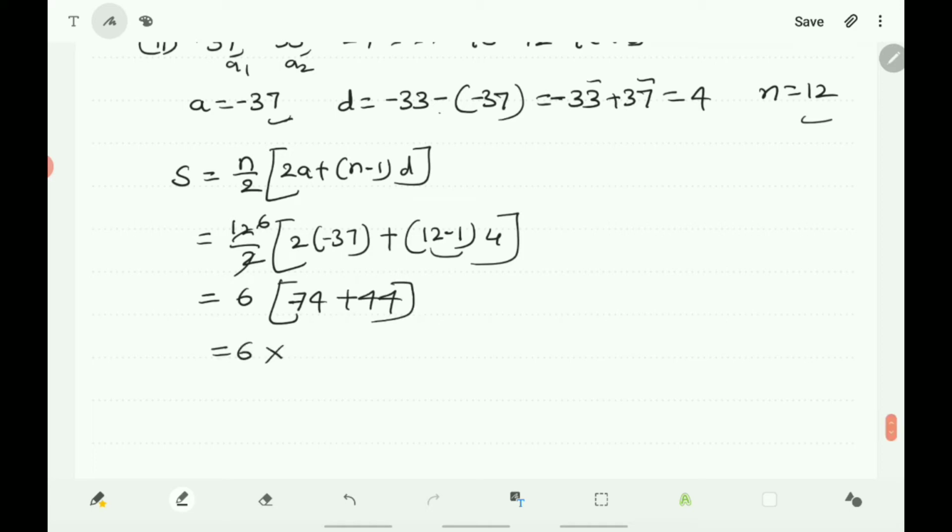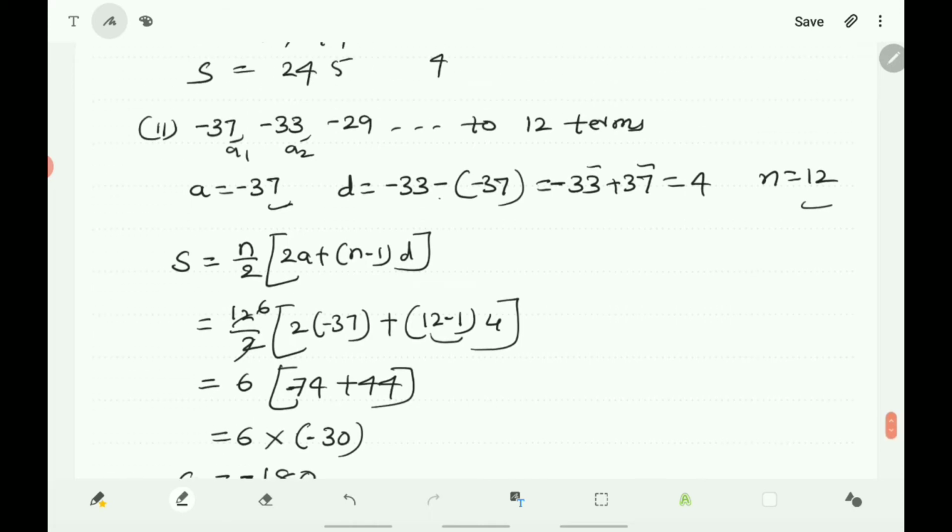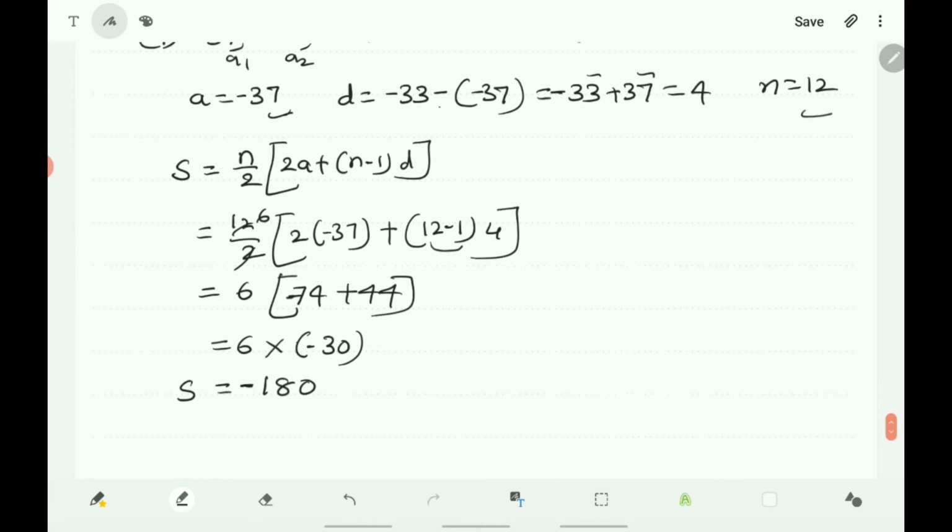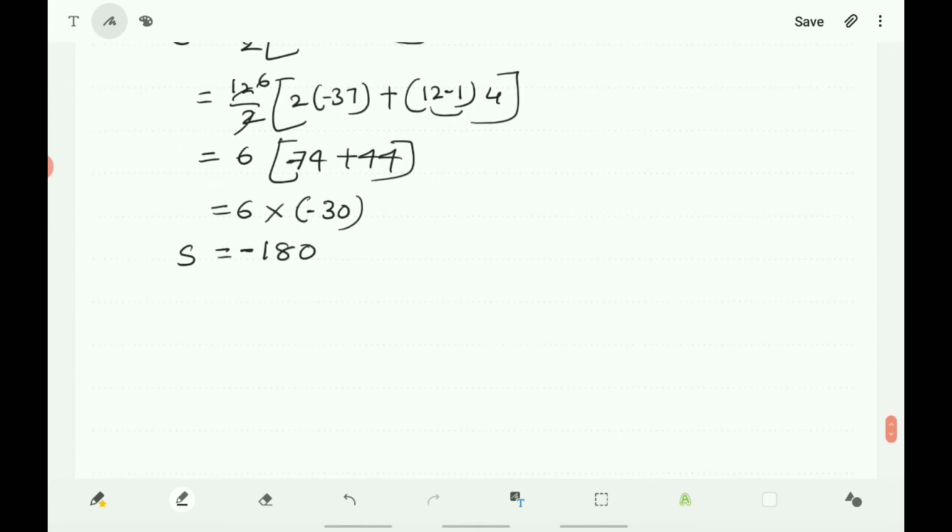Then 6 into minus 74 plus 44, that is 6 into minus 30. You know that minus 30 into 6 is minus 180. Here the sum of the first 12 terms is minus 180.